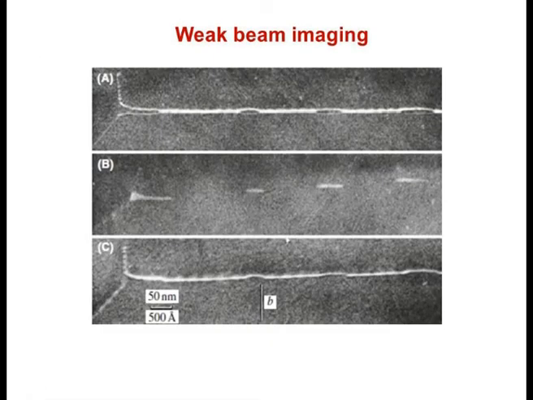And here, this is another one which is taken from the literature. Here you can see that the dislocation has split into partials, and this is the stacking fault which gets imaged, which is imaged under different conditions. All this information you can get when you image dislocations under weak beam condition.